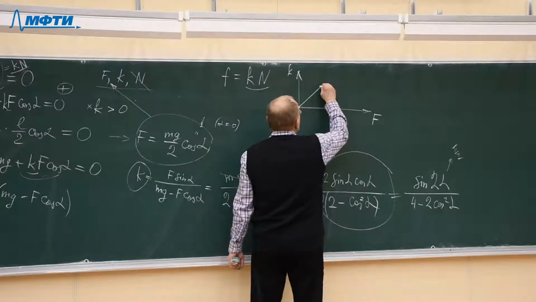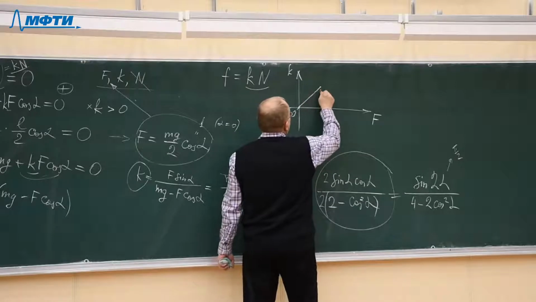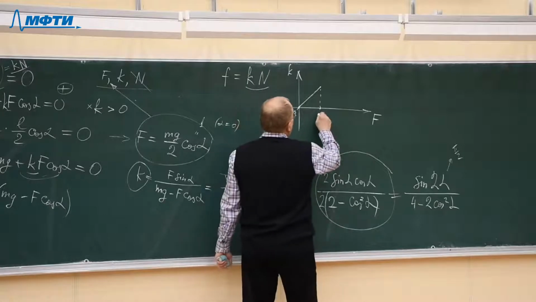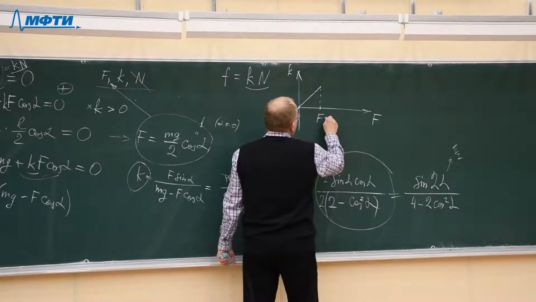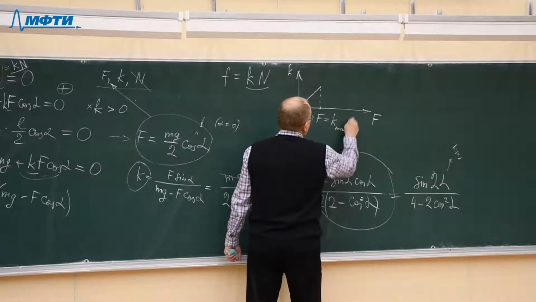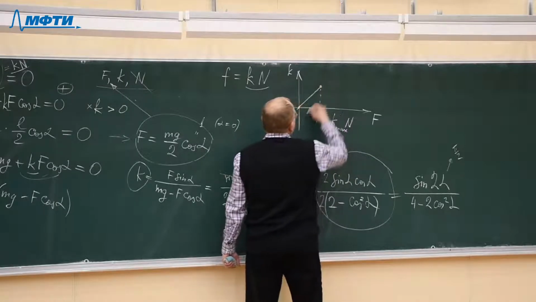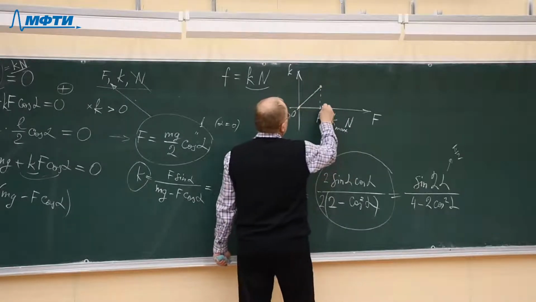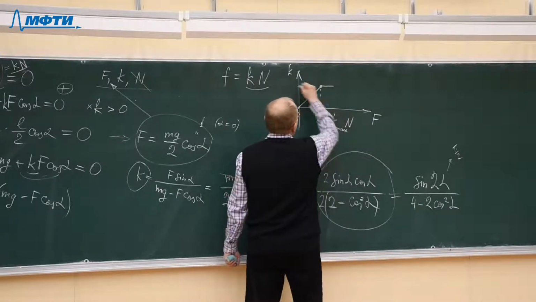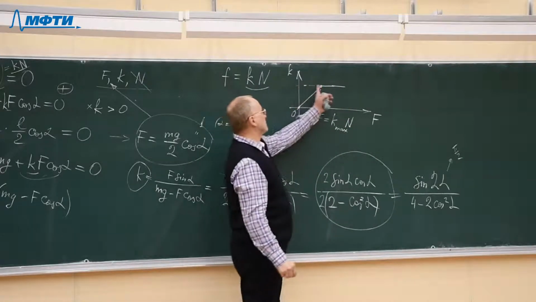But that situation will end when the force of friction reaches some maximum value. That is, the applied force equals the maximum value of the force of friction. And then the force of friction will not grow anymore, and any larger force will result in acceleration of the object, but the force of friction and coefficient of friction will remain constant and will be the same.